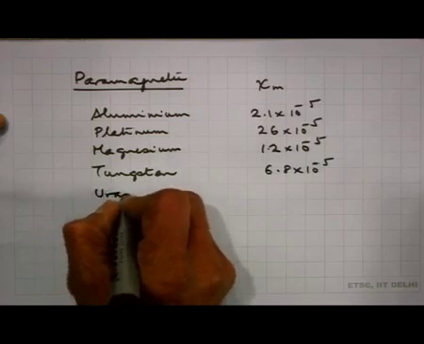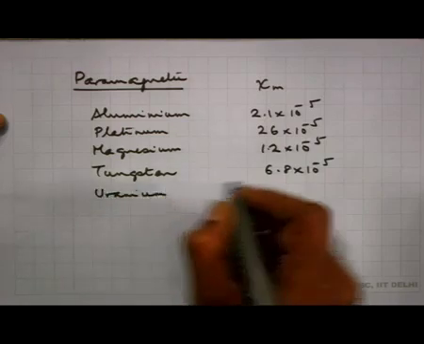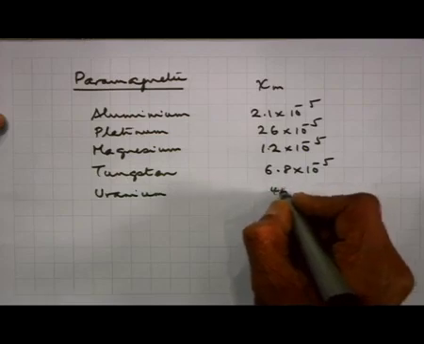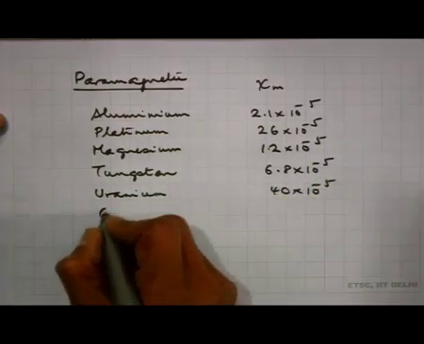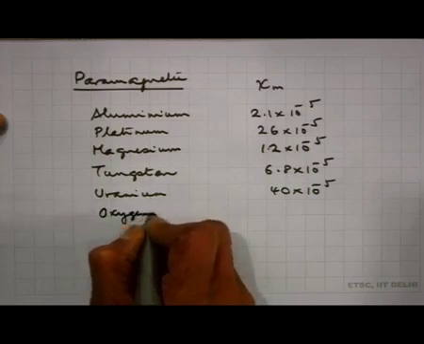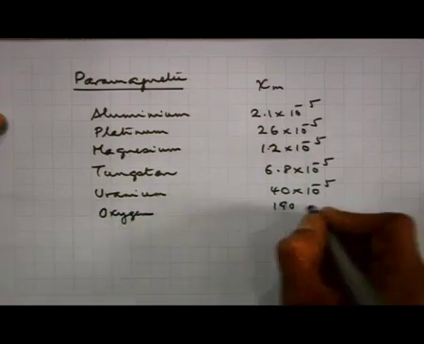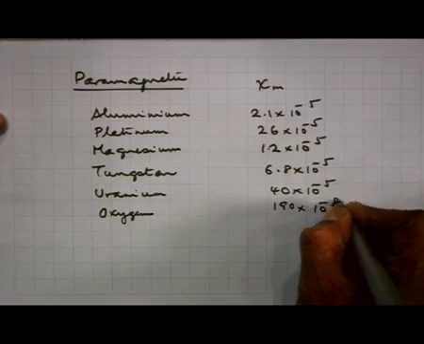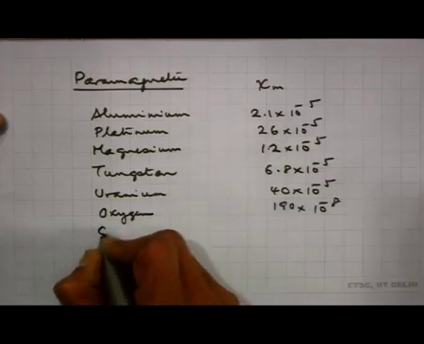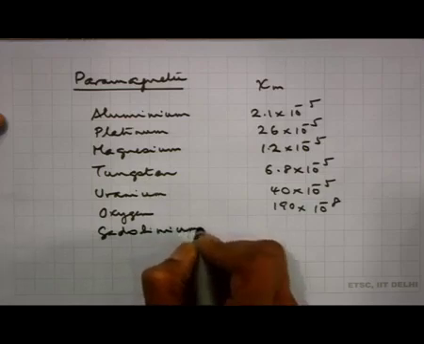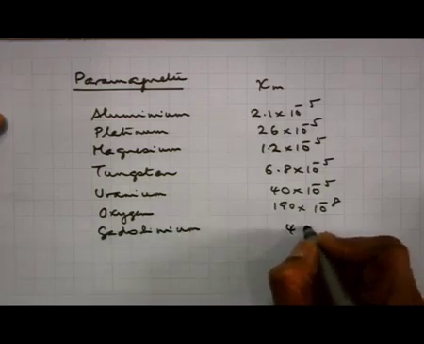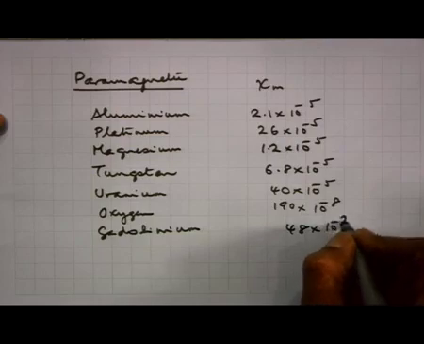Uranium: 40 into 10 to the minus 5. Oxygen: 190 into 10 to the minus 8. Gadolinium: 48 into 10 to the minus 2.